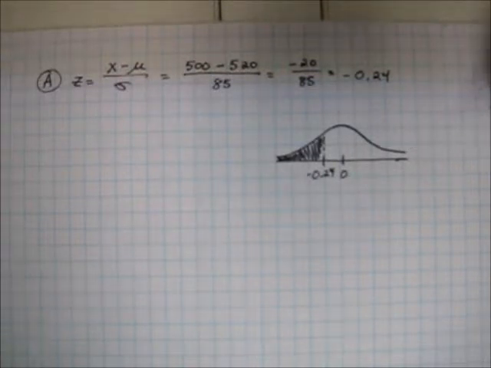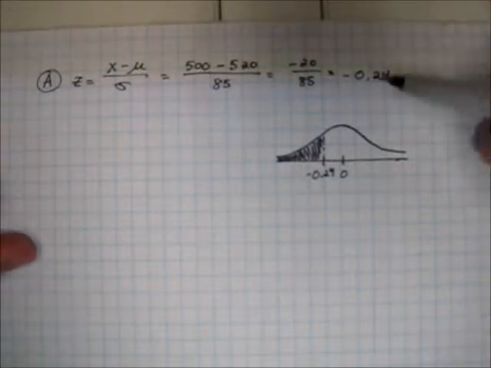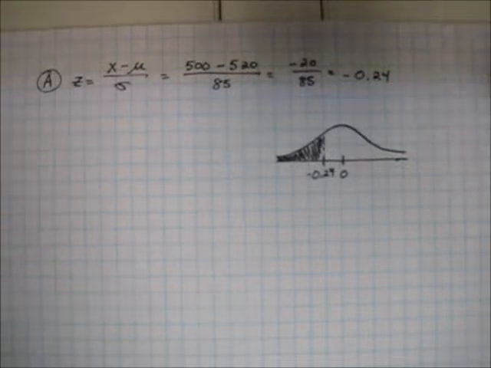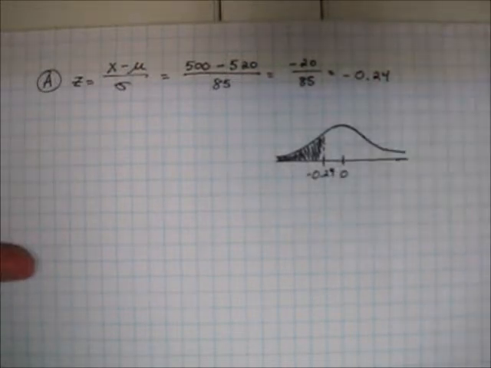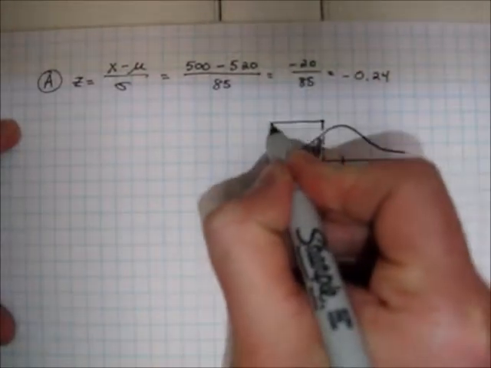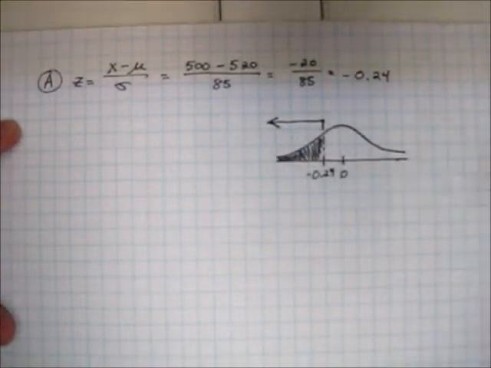Now what we can do is use the z-score table, which is found on pages 888 and 889 of your textbook, together with this z-score to figure out what decimal approximation of that 1 is to the left of this z-score. Because the table in your book on that page always tells you the area to the left of that z-score.